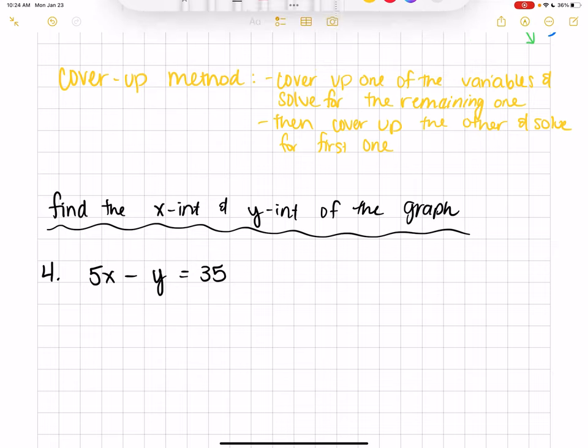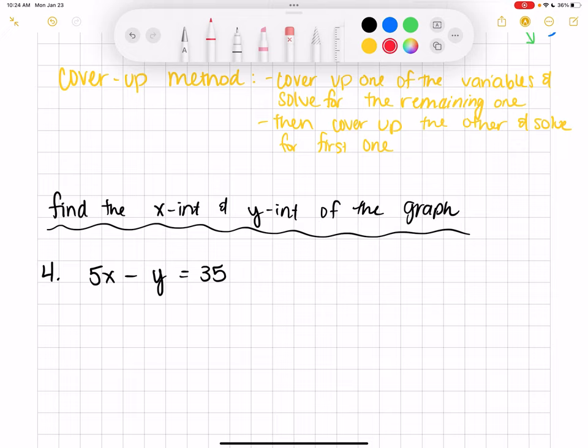I literally just put a finger over it, cover it up. So then I'm solving the equation that's left over. I'll have 5x is equal to 35.